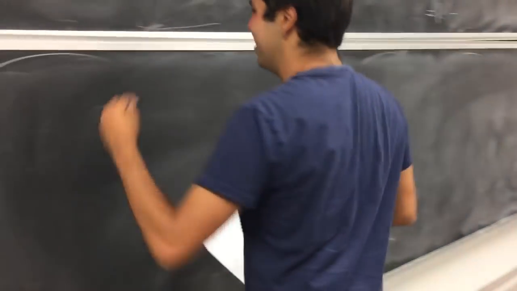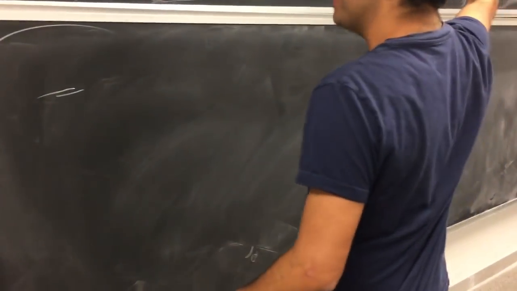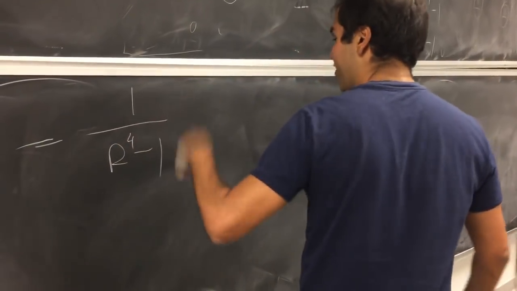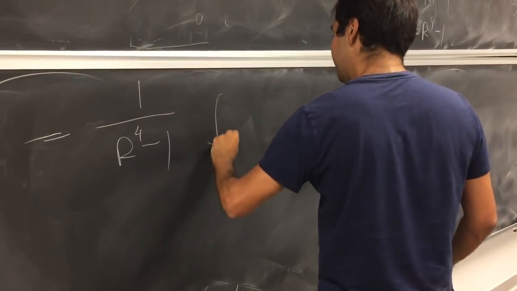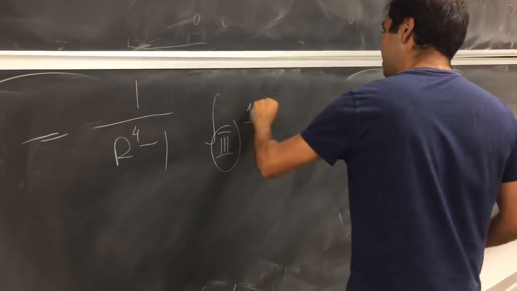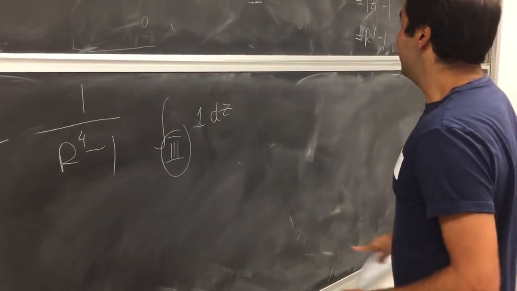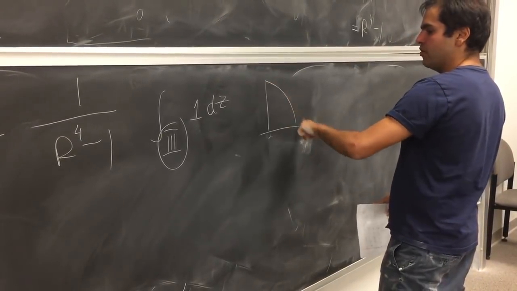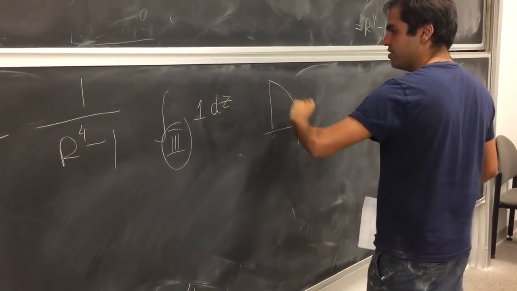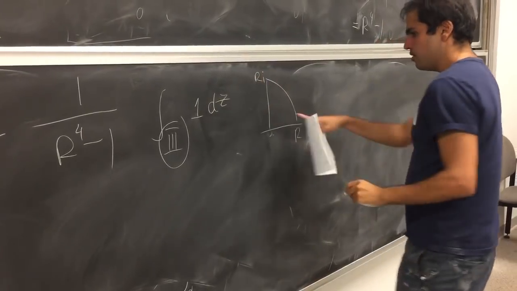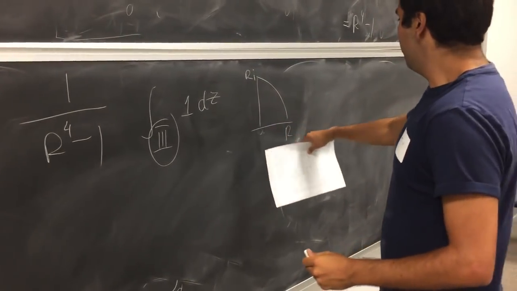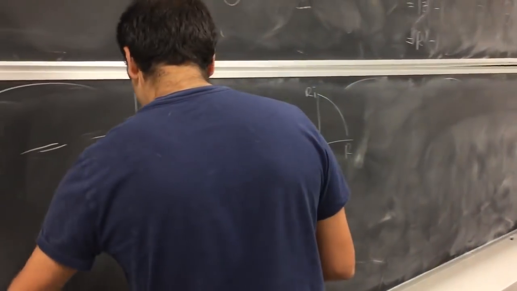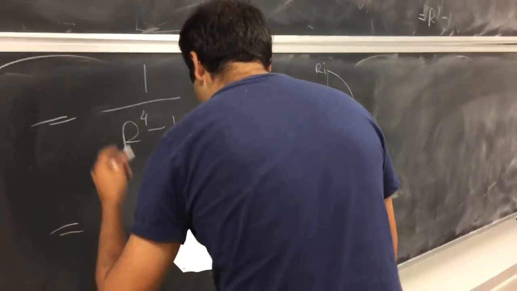Okay, so here's the nice thing: this integral does not depend on z, so we can take this r junk out, and then we get the integral over 1 dz. But this is a line integral, so the value of the integral is just the length of this quarter circle, which is 1/4 times 2 pi r, so pi r over 2.